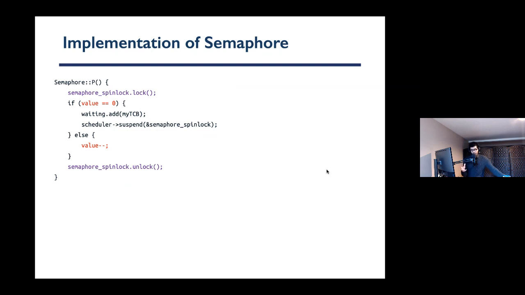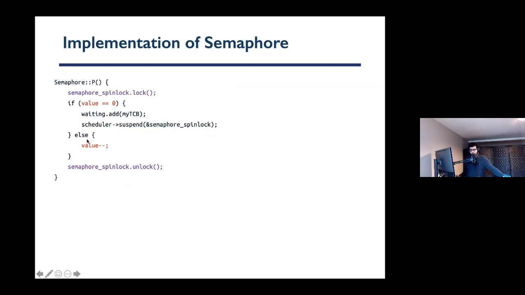The implementation should resemble and follow the logic. But as you can see, in this implementation, if the value is 0, the value is not going to be decremented here. So if I come to this if, I'm just going to be suspended here, and I'm not going to decrement the value.